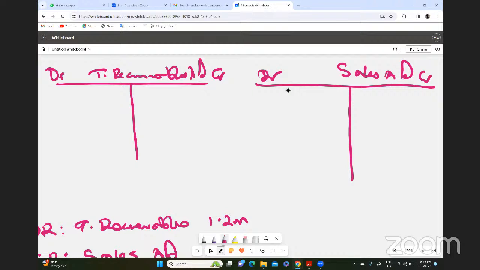We are saying debit trade receivables 1.2 million. By debiting a transaction, it means if someone says debit this, go to that account and record that figure on the left-hand side. Are we together?